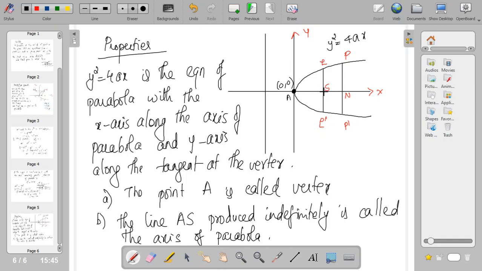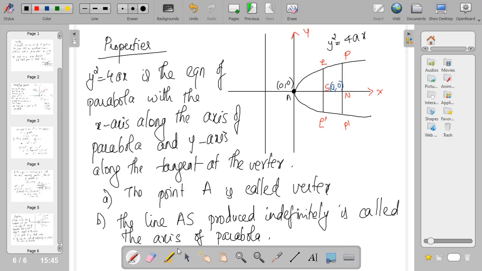Last class we have seen this is a fixed point. So S is a fixed point. When the distance from that fixed point to a point on the parabola and from that point to the fixed line are the same, the locus of such points will give us parabola. Now the fixed point S is called the focus. So we can take S to have coordinates A, 0. So S is called the focus of the parabola.